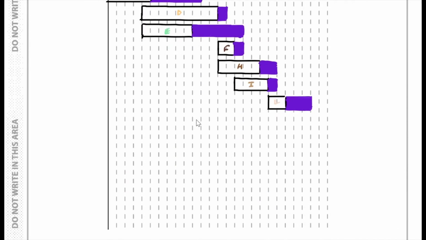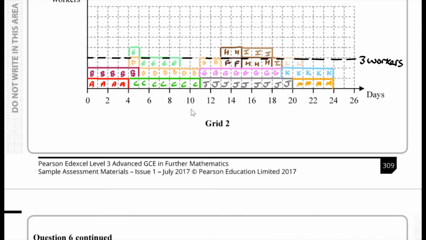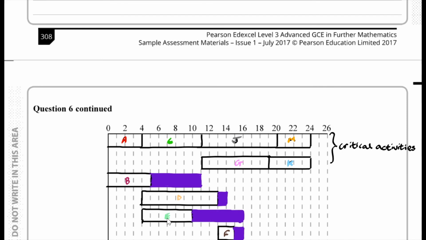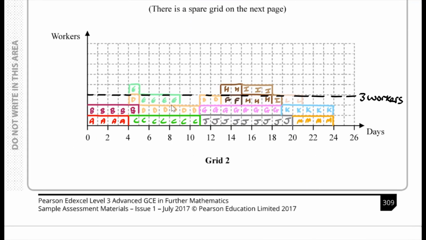And so am I missing something here? E, sorry, before had, sorry, E had a duration of 6 rather. That was E. E finishes here. That was my mistake.